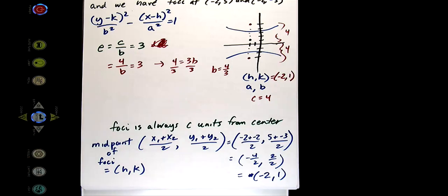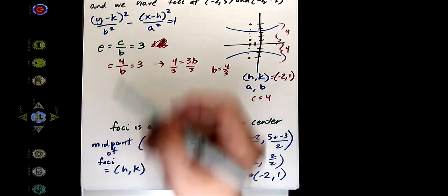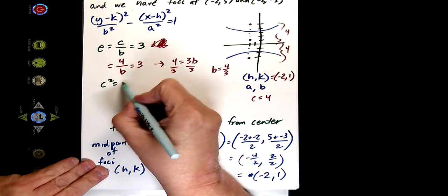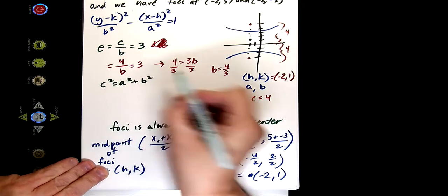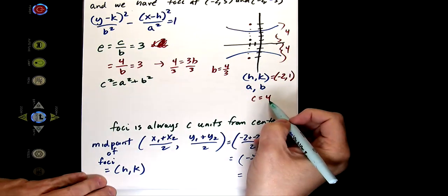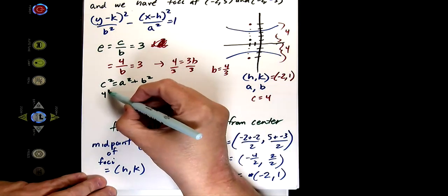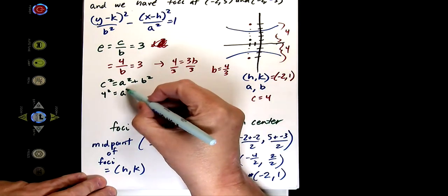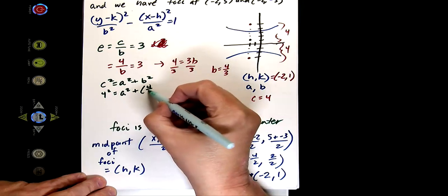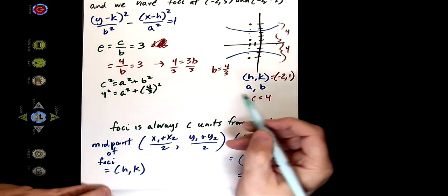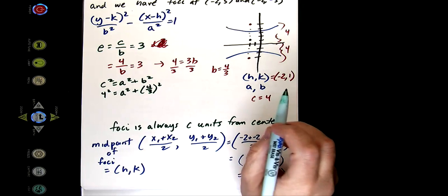Yes, we have an equation that has a in it. Let's use it. C squared equals A squared plus B squared. Let's plug in what we got. We know C is 4. So 4 squared equals A squared plus 4/3 squared. Well, that's not going to be all that pleasant, is it?